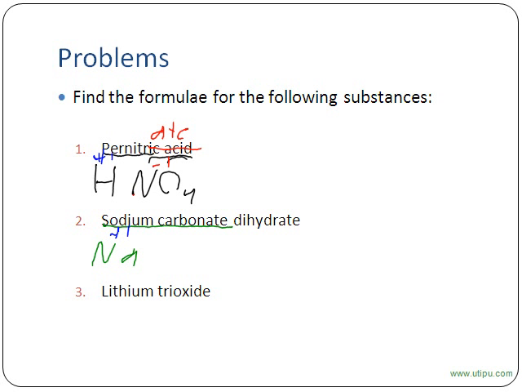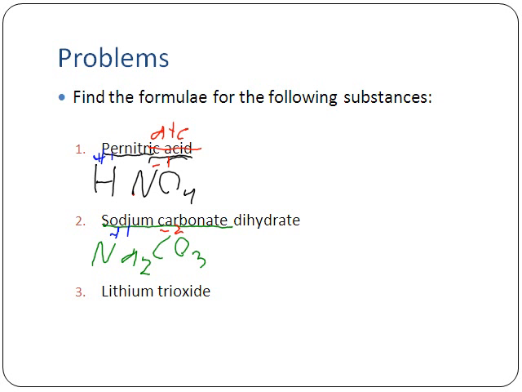We look on our polyatomic ion sheet, and sure enough, carbonate is on here. Carbonate is CO3. The valence on carbonate is -2. To balance this, we have +1 for sodium and -2 for carbonate. We have to have the same for both, so we're going to have twice as many sodiums. We have to have 2 sodiums, and so we have Na2CO3. This is the sodium carbonate part.